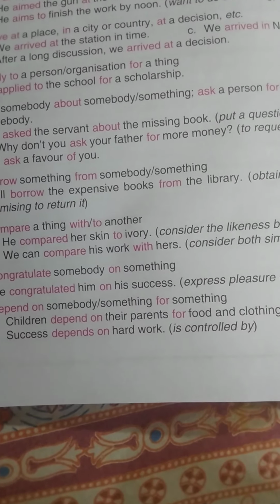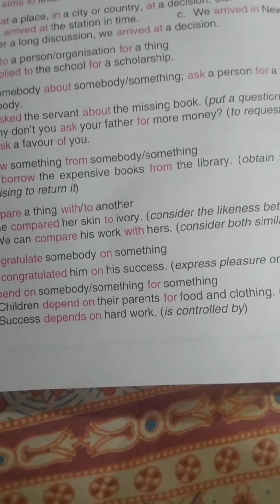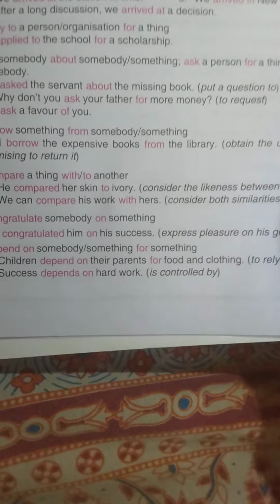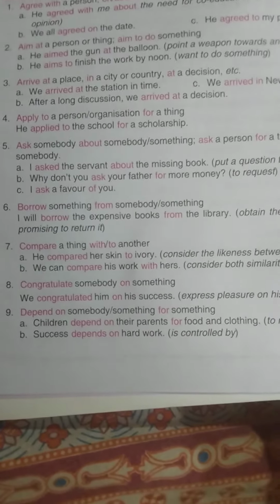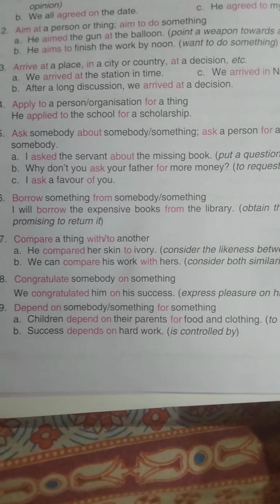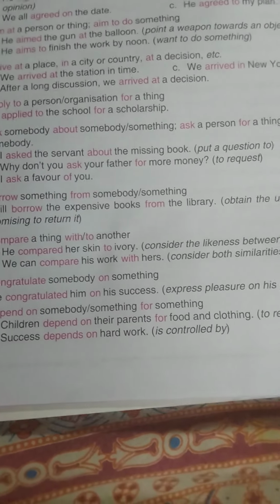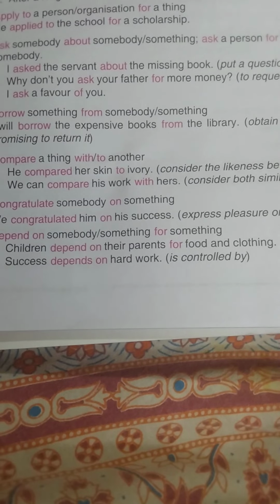Number 5, ask somebody about something, like ask a person for a thing, ask something of someone. I asked the servant about the missing book. Why don't you ask your father for more money? I ask a favor of you. You'll definitely go through the examples. It will only help you to know the things in a better way.